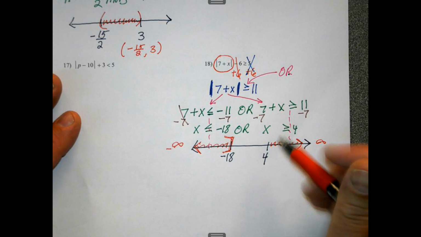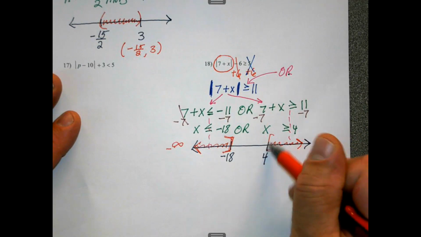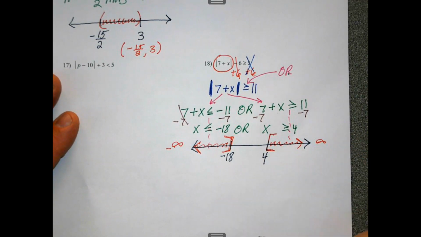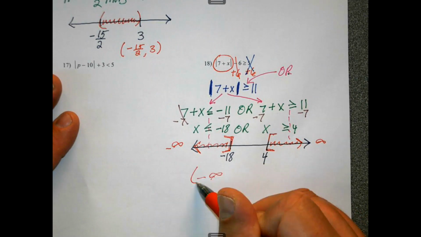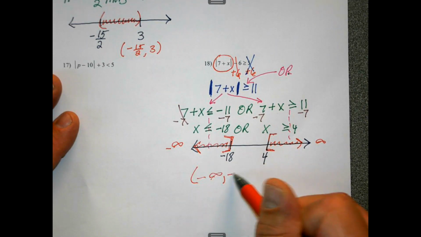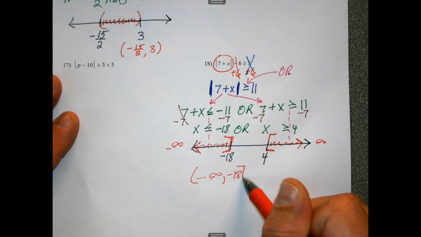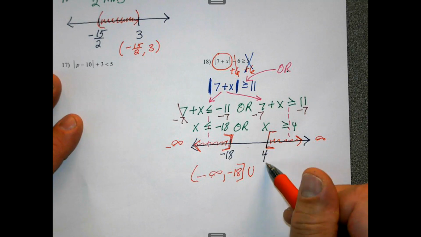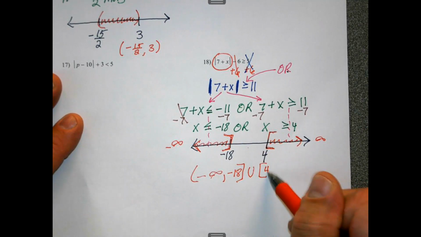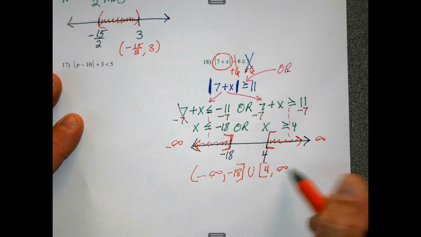This one also gets a bracket because of the equal sign. So I have negative infinity, negative 18, bracket. Got to put in my union symbol for the space. Bracket for positive infinity.